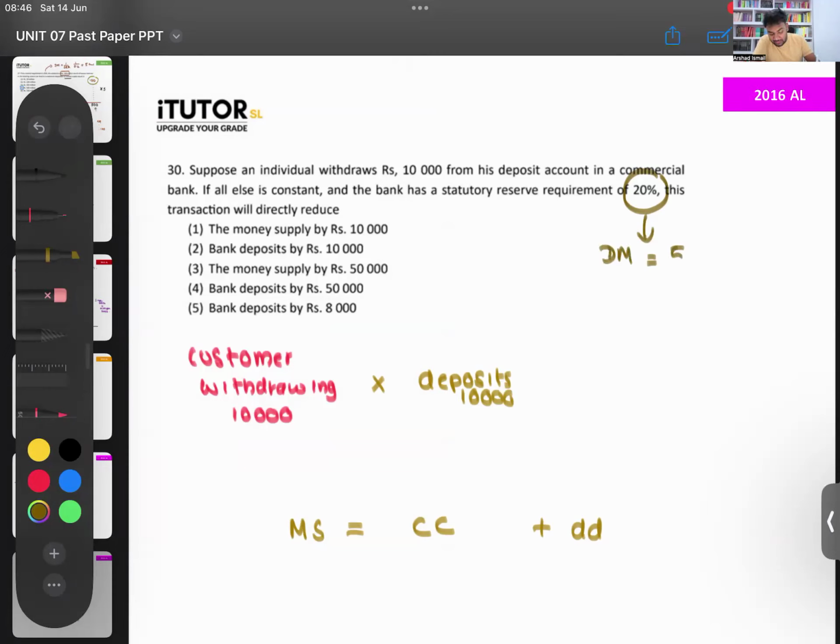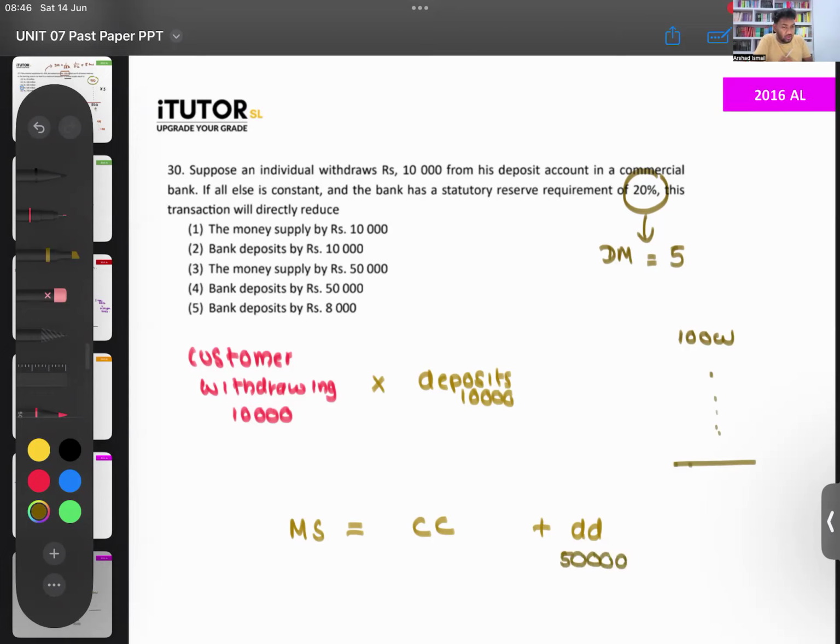So this 10,000 would have got multiplied by how many times? At the end, in the banking system, you would have had 50,000 worth of demand deposits.